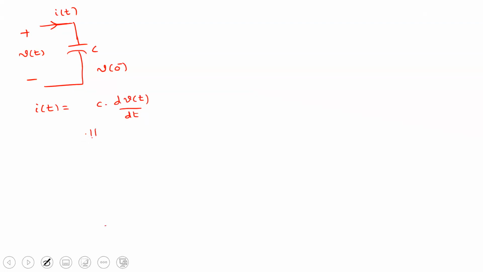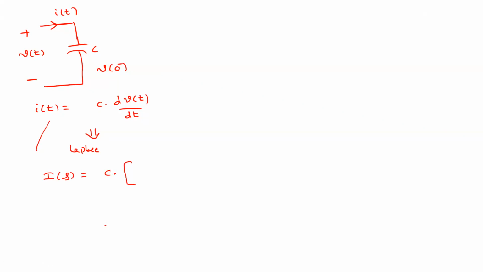If you apply Laplace, what will you get? Tell me what you will get. I of t will become I of S, right? C into, so what you will get here?